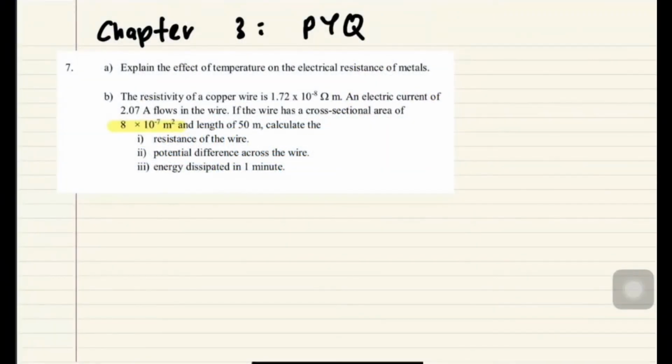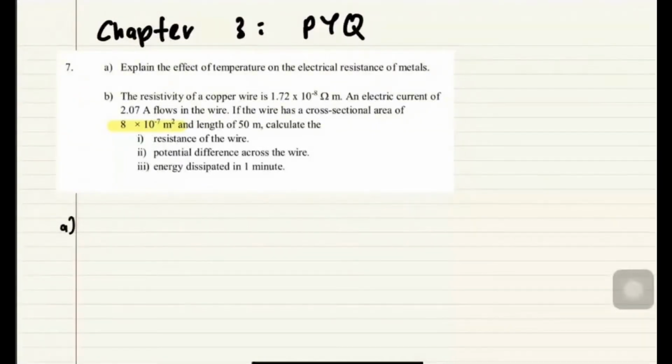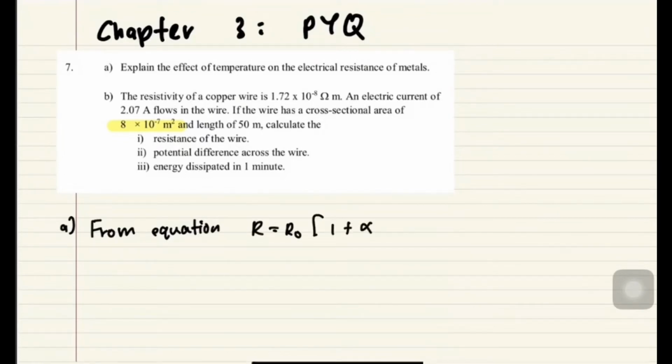Question number 7, for A, they ask you to explain the effect of temperature on the electrical resistance of the metal. To explain this one, you have to pick a formula. Once you read that there's a temperature involved, you only have one equation. From the equation, R equals R naught times 1 plus alpha delta T, where delta T is T minus T naught.